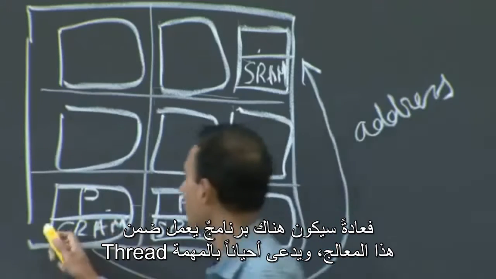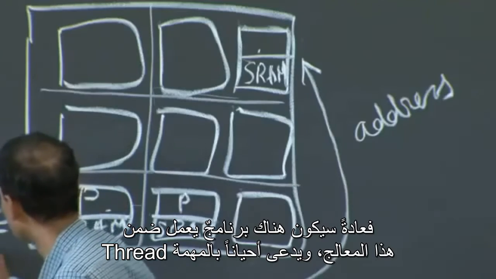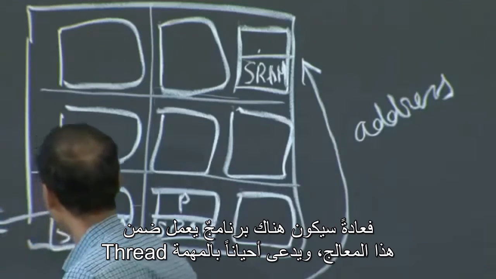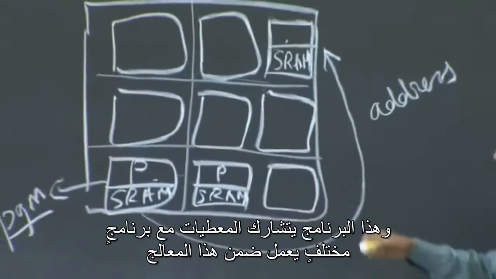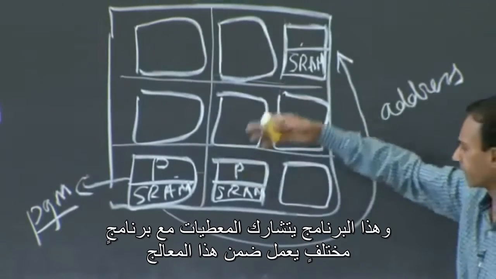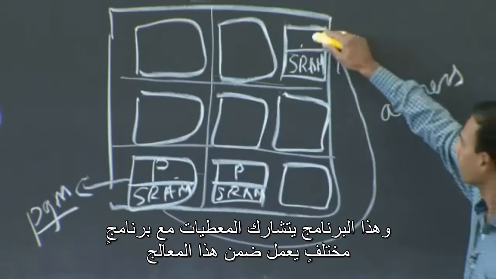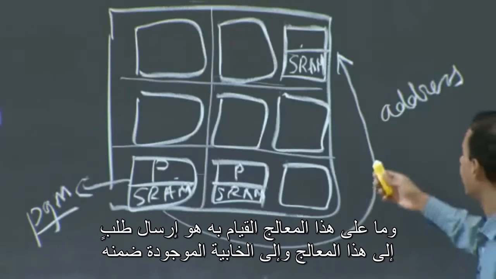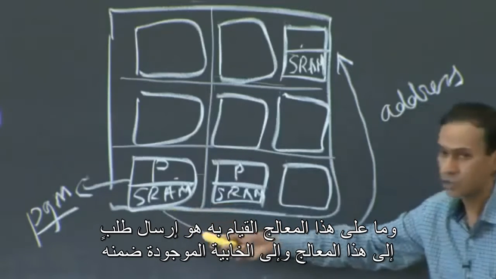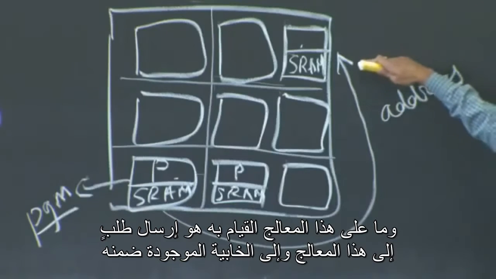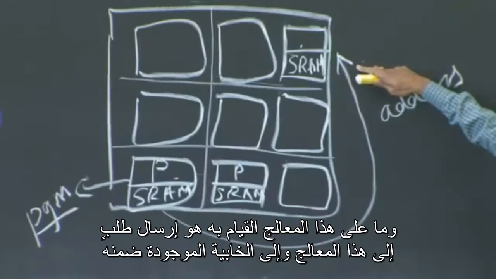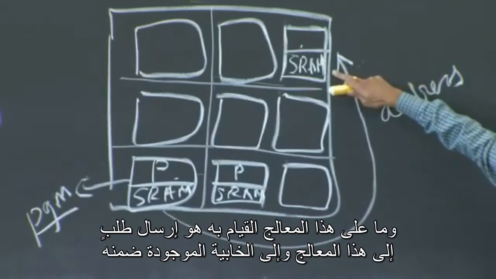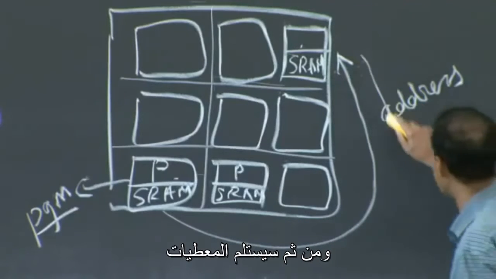So typically there's a program running on this processor, sometimes called a thread, and this program may share data with a different program which is running on this processor, or it may just require a lot more space. And what this program has to do is make a request all the way to this processor, and this particular cache in this processor, and then it gets the data back.